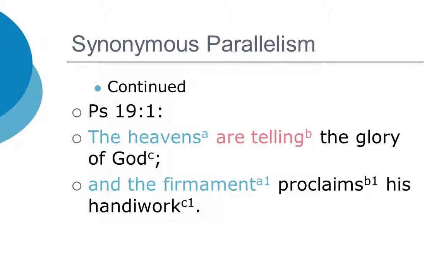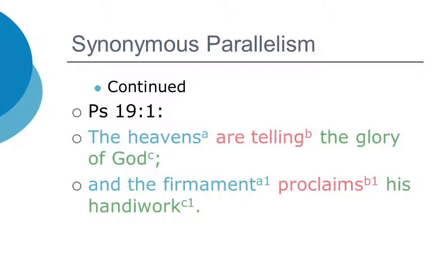Are telling parallels proclaims. And the glory of God parallels his handiwork. And so in this verse we see a good example of what is called synonymous parallelism, where the second line repeats the thought of the first line, but only in different words.